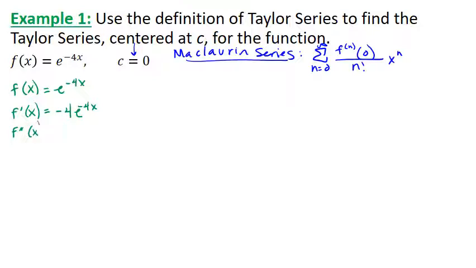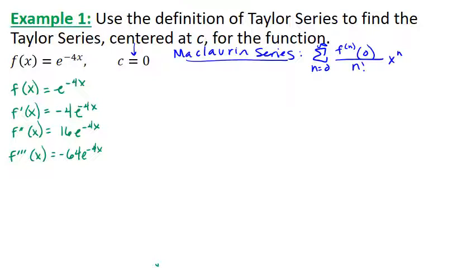So then f double prime is equal to 16e to the negative 4x. And f triple prime is then equal to negative 64e to the negative 4x. Now you can keep going with these derivatives, but really the purpose of doing this is just so you can set up the first several terms of the series.